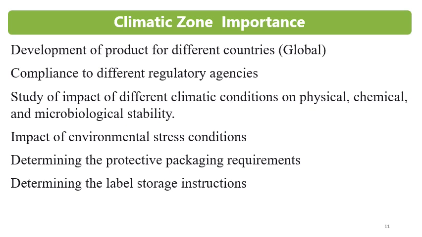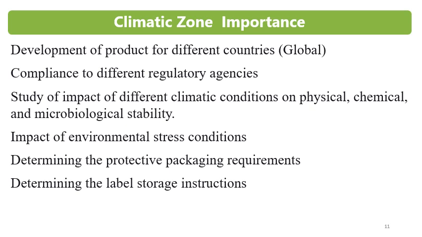So if you develop a product for one country and you are in process to extend it to another country, then you should have data with all these 4 conditions as I have mentioned earlier, like 25/60, 30/65, 30/75 and 40/75.